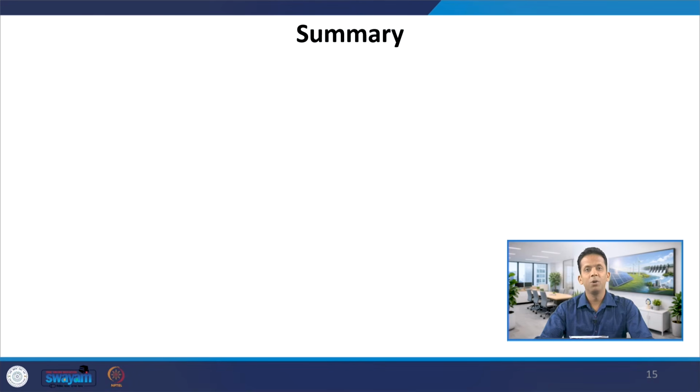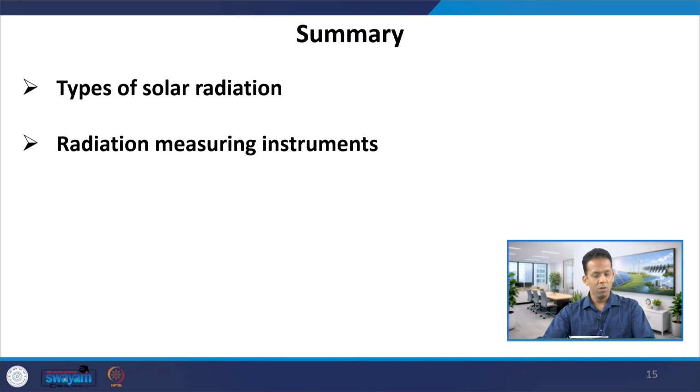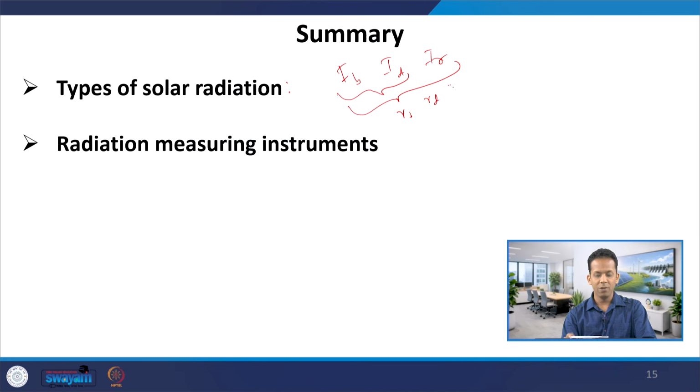So that was all about the equipment or the instruments that can be used for measuring solar radiation. To summarize, what we covered today was types of solar radiation. Mainly three types. What were those? IB, ID, IR: beam radiation, diffuse radiation, and reflected radiation. On a horizontal surface, we get only the first two. On a tilted surface, we get all three, but then we have to include the tilt factors for each of these three types of radiation.